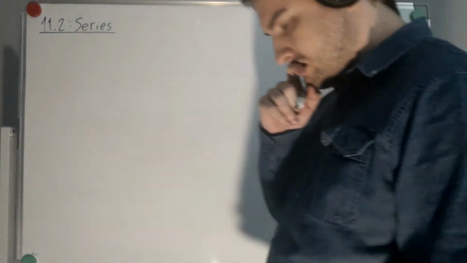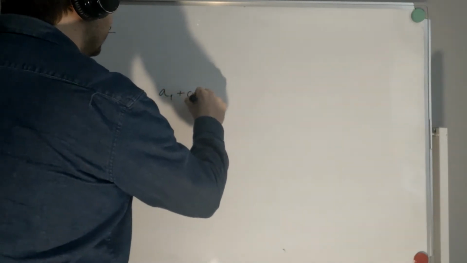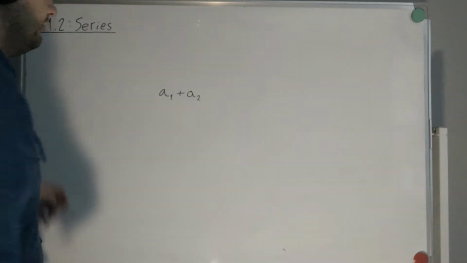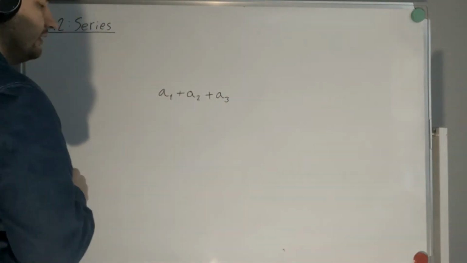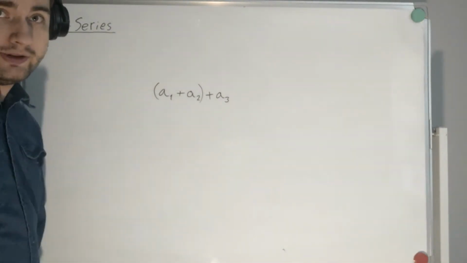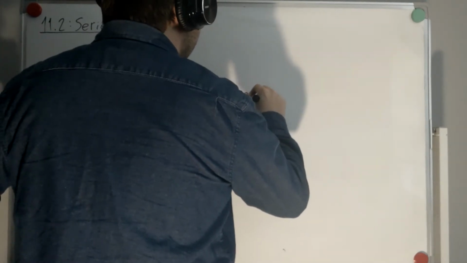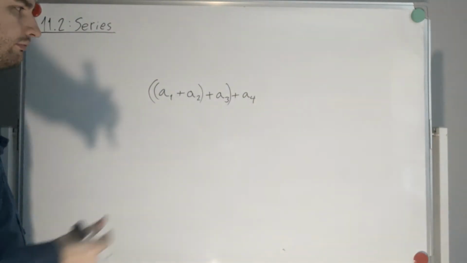Okay, so of course, it makes sense to talk about the sum of two numbers, like a1 plus a2, right? Now, if you wanted to talk about the sum of three numbers, well, that you can make sense of as well. You just need to take the sum of the first two and then add the next one to that. And then if you want four numbers, you just take what you found before and then add on a fourth term, and so on, right?